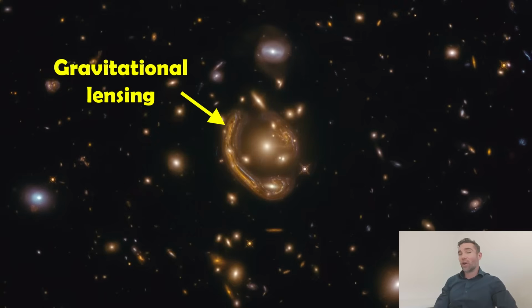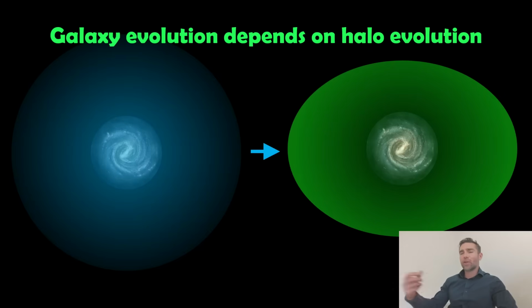It works a bit like an optical lens. The pathway of the light from the galaxy behind is bent around gravitationally. So they work in the same way. But anyway, this is how we assume that we have these dark matter halos or dark matter in these big galaxy clusters. I'll come back to observations of individual galaxies at the very end.